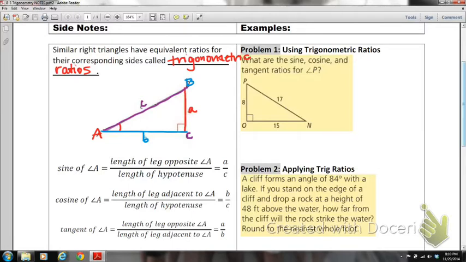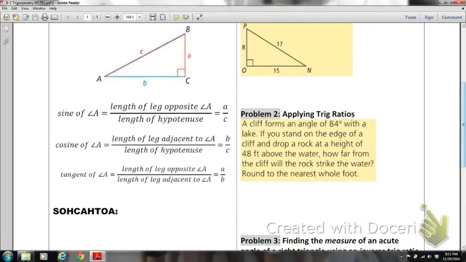So those are the letters we're going to use to reference the angles and the sides of this triangle. If you look at the ratios below, you have the sine of A, which is abbreviated SIN.